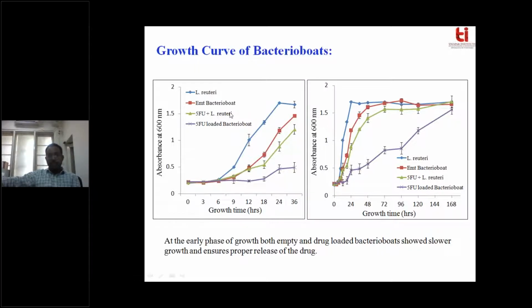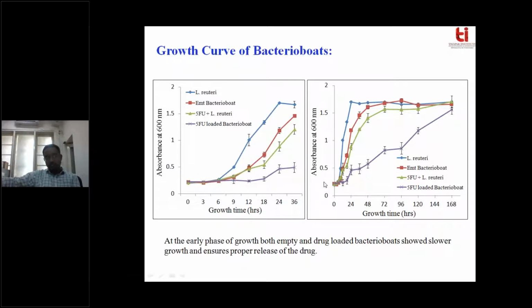We also had a case where we didn't load any particles. The green curve shows only Lactobacillus with 5-fluorouracil, and this curve shows Bacteriobot loaded with 5-fluorouracil. So Lactobacillus with 5-fluorouracil also shows decrease of growth. And when you do it on the Bacteriobot, since Bacteriobot formation itself causes decrease of growth, you find quite a decrease of growth at the initial phase.